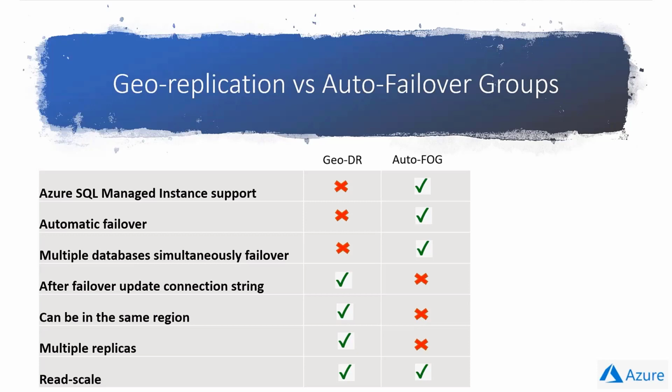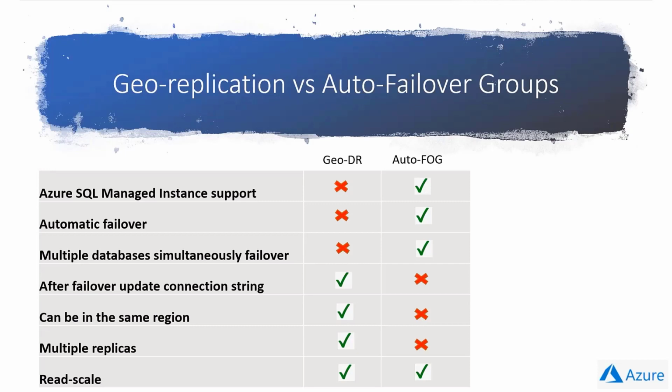Basically, it's an abstraction on top of the existing active Geo Replication. So auto failover group is not like a different service. It's a service that is running on top of Geo Replication, but each one has different use cases and capabilities. And underneath, they are running under the same technology.